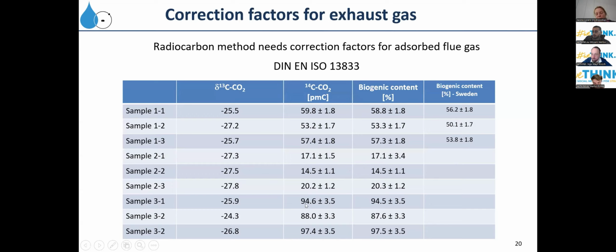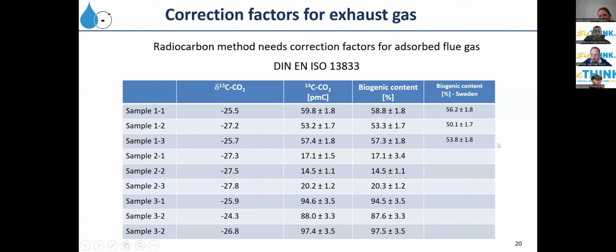And if you remember, if you analyze the demolition wood material itself, you have to correct it from about 97% to nearly 88%. If you use this standard and analyze the flue gas, then you don't have a decrease at all.